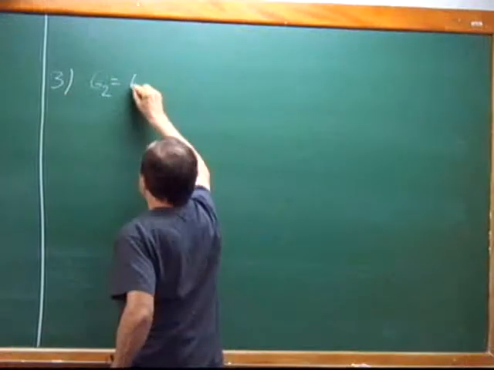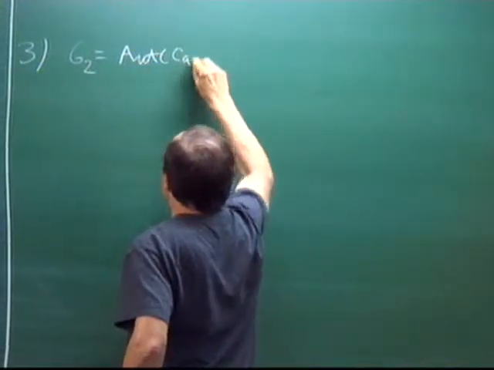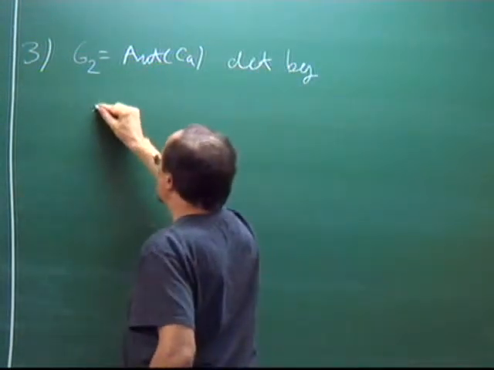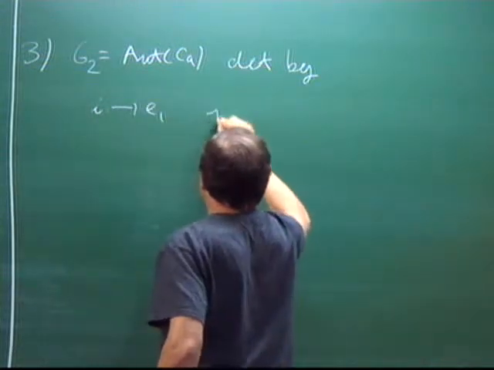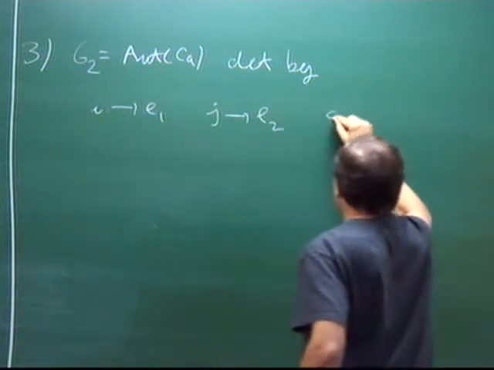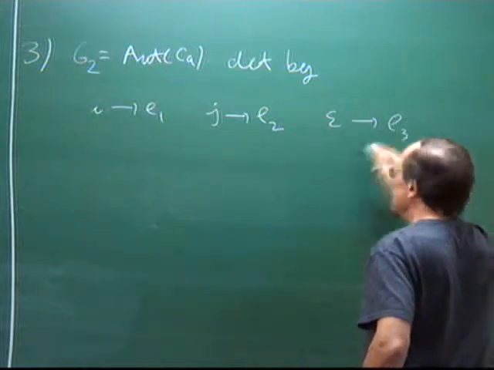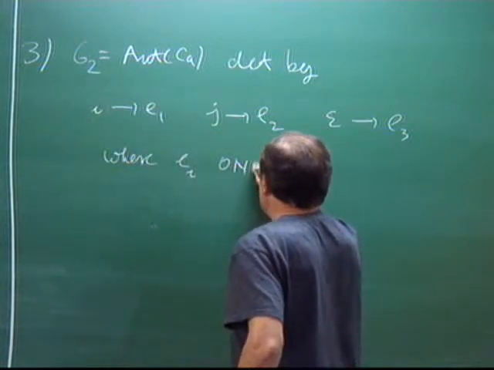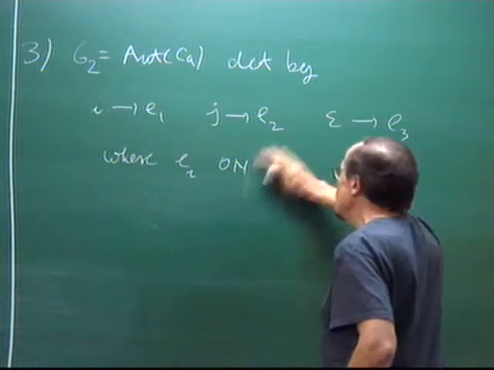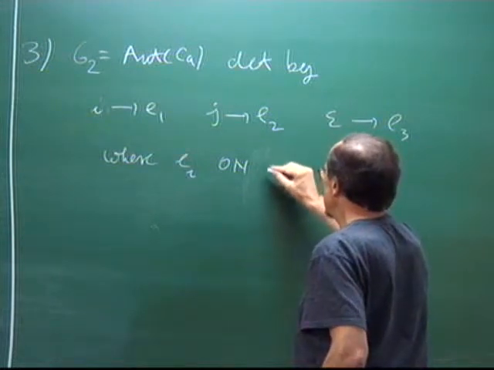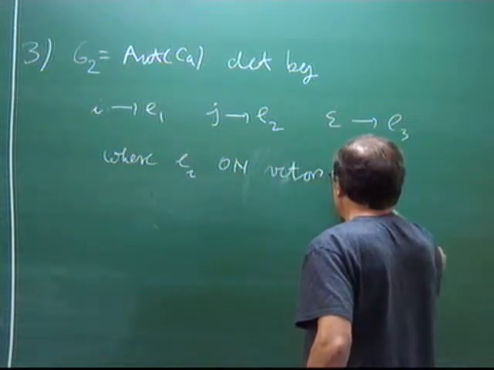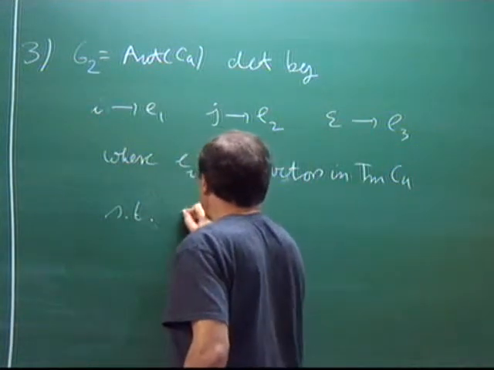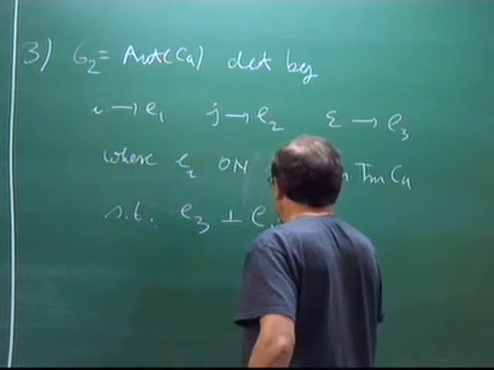Remember, G2 was the automorphism group of the Cayley numbers, and they are determined by the fact that i goes to e1, j goes to e2, epsilon goes to e3, where e1, e2, e3 are orthonormal vectors in the imaginary Cayley numbers such that e3 is orthogonal to e1 times e2.